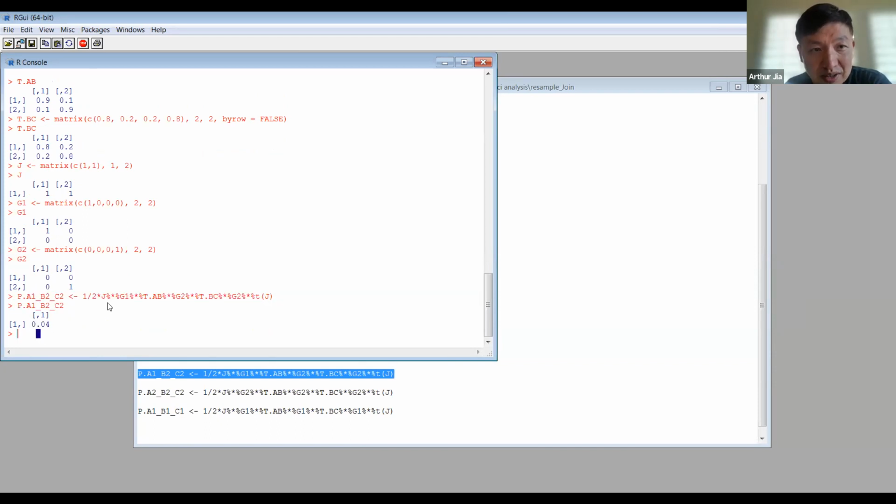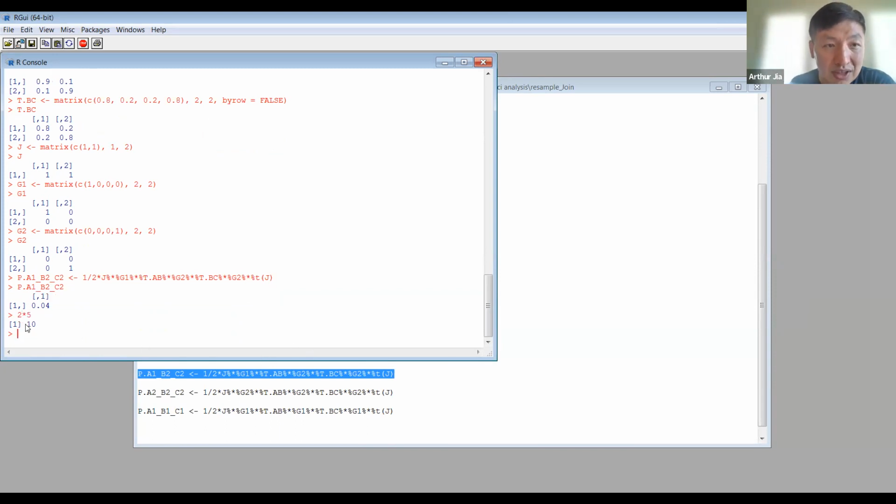So let me explain this to you. In regular algebra, if you want to calculate 2 times 5 equals 10, you just use the regular multiplication notation. But when you do matrix multiplication, you have to use this.